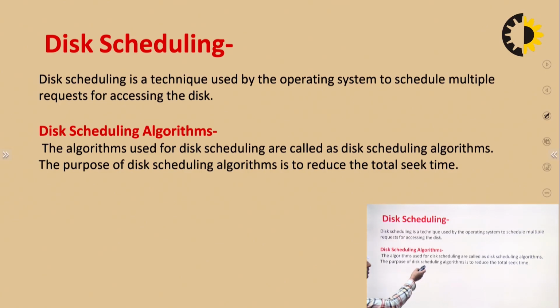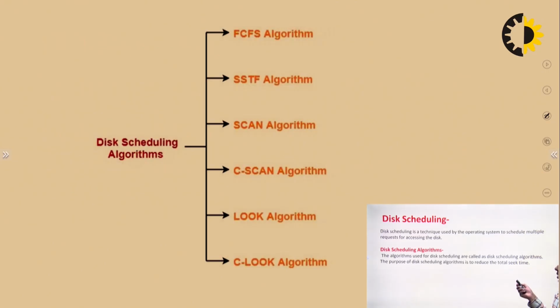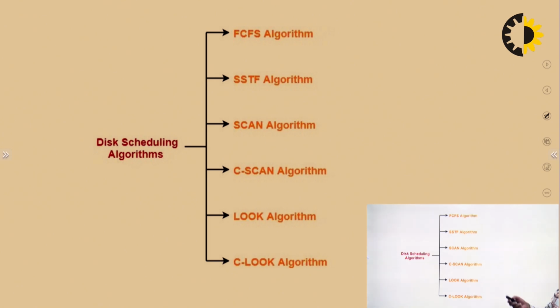The purpose of a disk scheduling algorithm is to reduce the total seek time. Seek time means the movement time for the head. We will see it later.